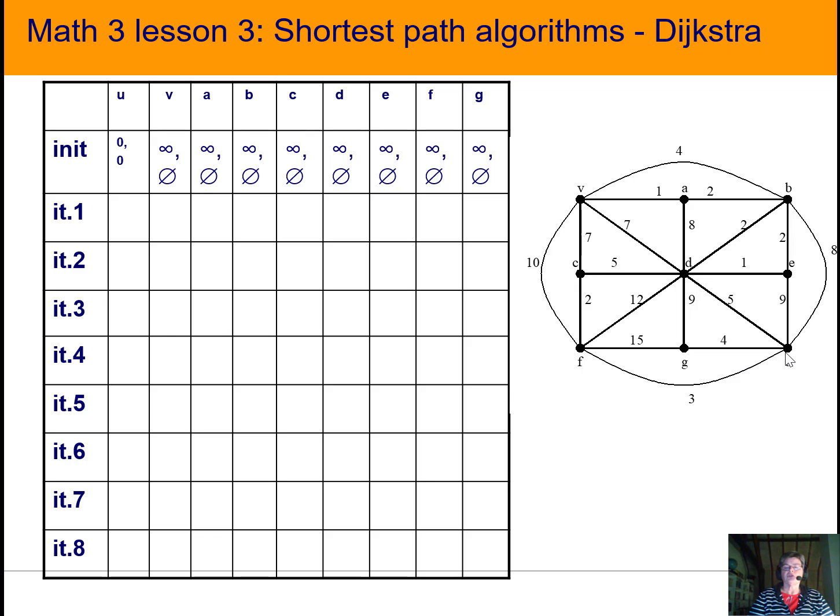In the first iteration, we start with all possibilities getting out of U. So we can go to F with 3. So that's 3U. We can go to G with 4. We can go to D with 5.